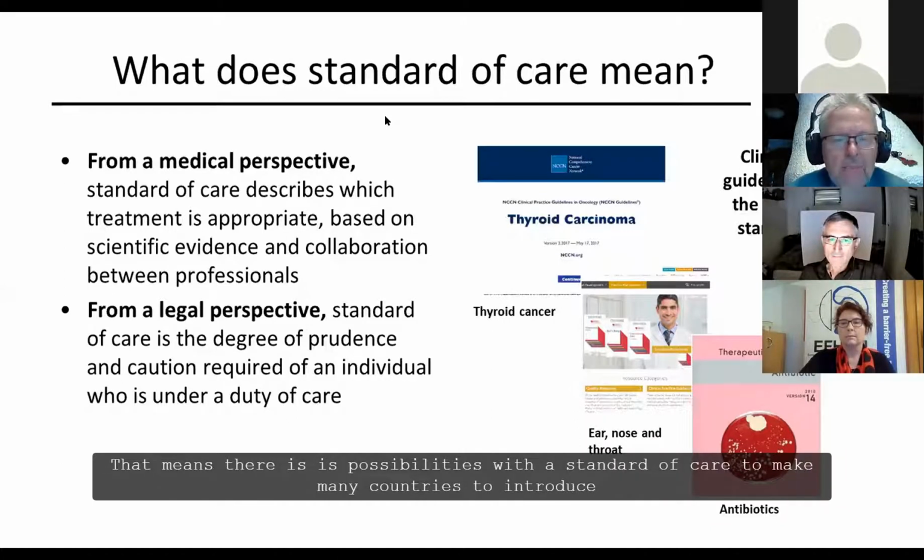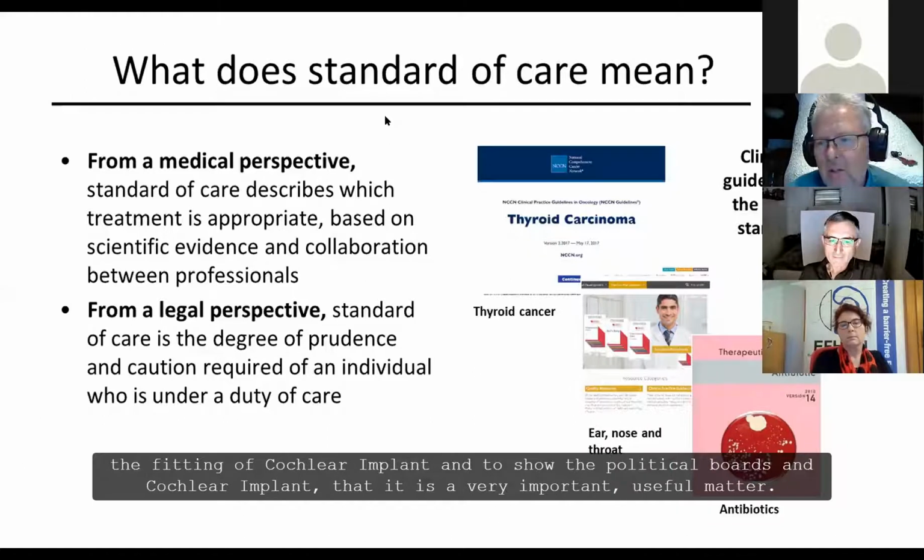That means when there is a standard of care, we have possibilities to influence politics in many countries to introduce the fitting of cochlear implants and to show political boards that in cochlear implants this is a very important and useful matter.